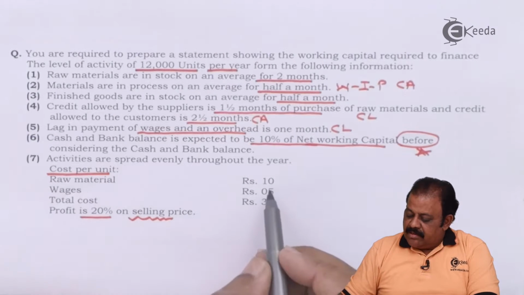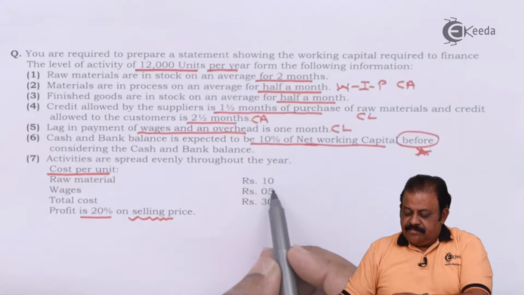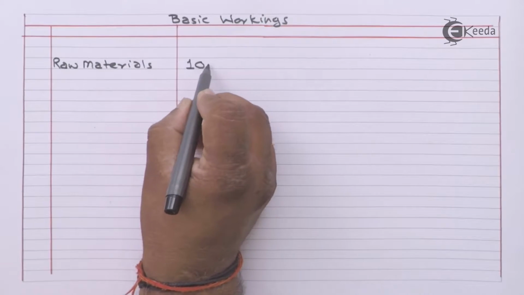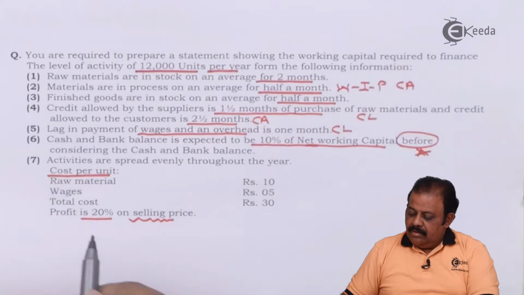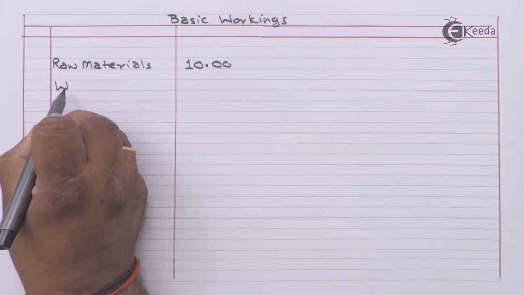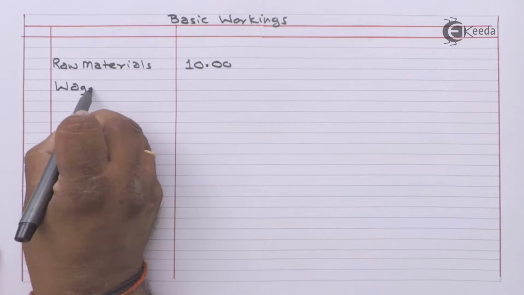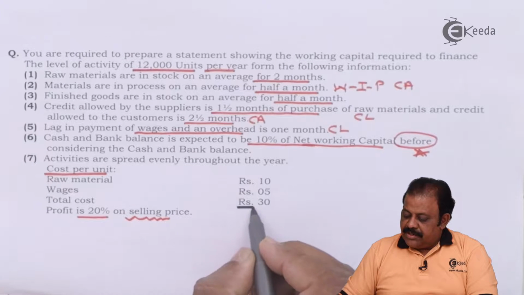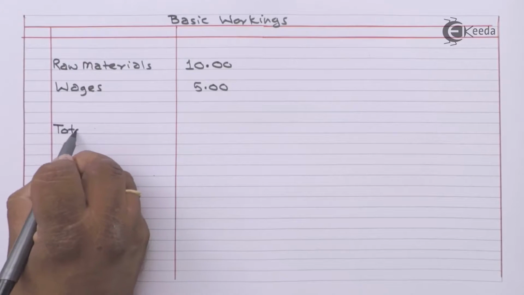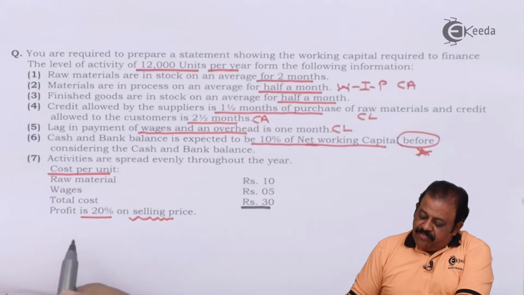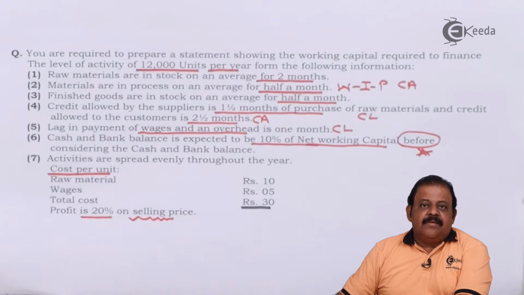Here we have raw material of 10 rupees, wages 5 rupees, total cost 30 rupees, profit 20% on selling price.